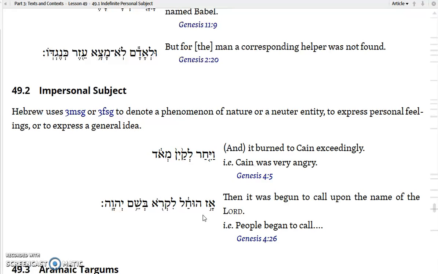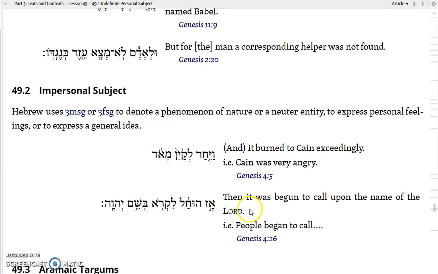Now, again, the form is singular, and it's passive. There are various ways you could paraphrase it. You could say, at that time, calling upon the name of the Lord began, or something like that.